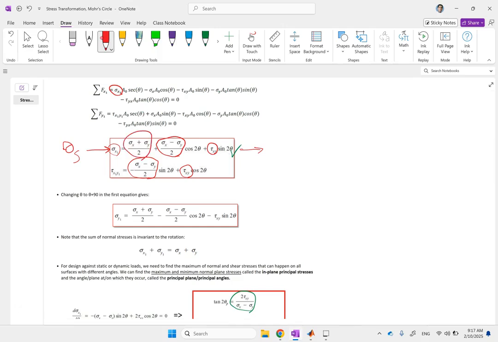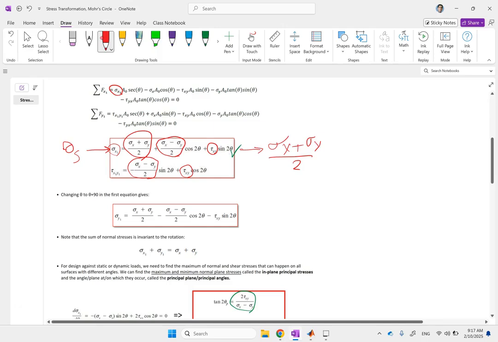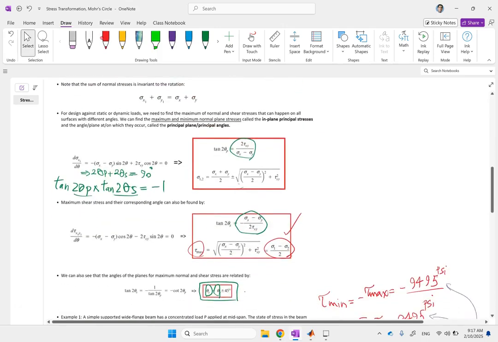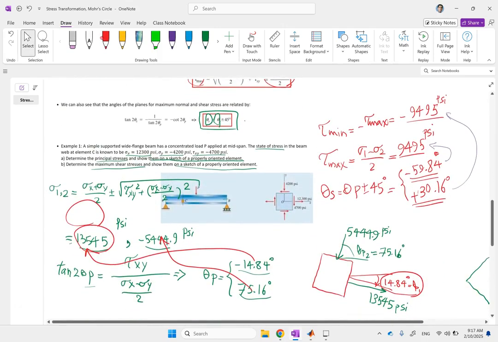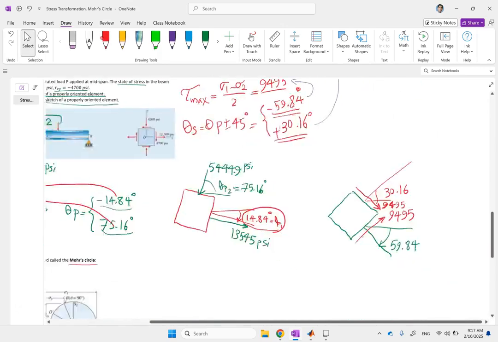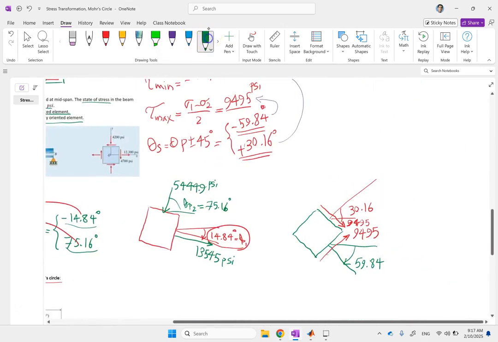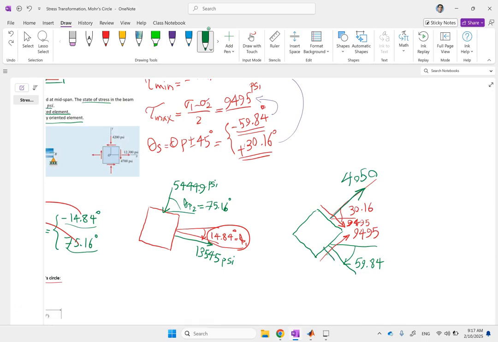So on both of these planes, the sigma is going to be the average sigma. And the average sigma is clearly 40/50. So take these two, add them together, divide, you get 40/50, and it's positive. So on both of these planes, there is a positive 40/50 normal stress. Sorry.